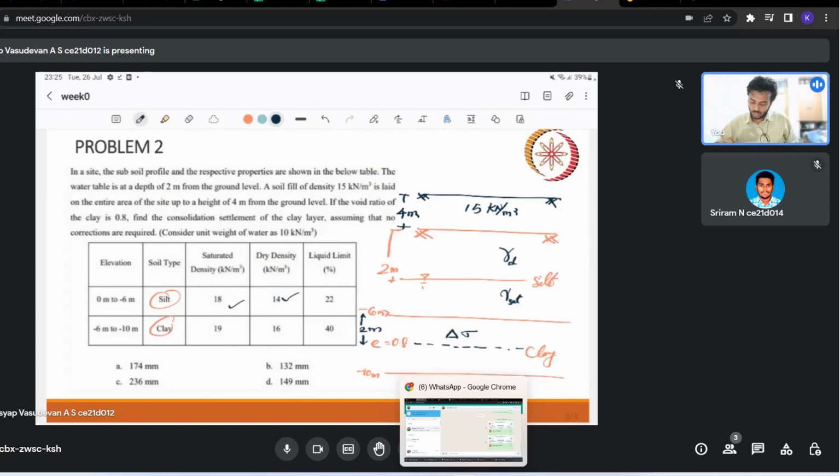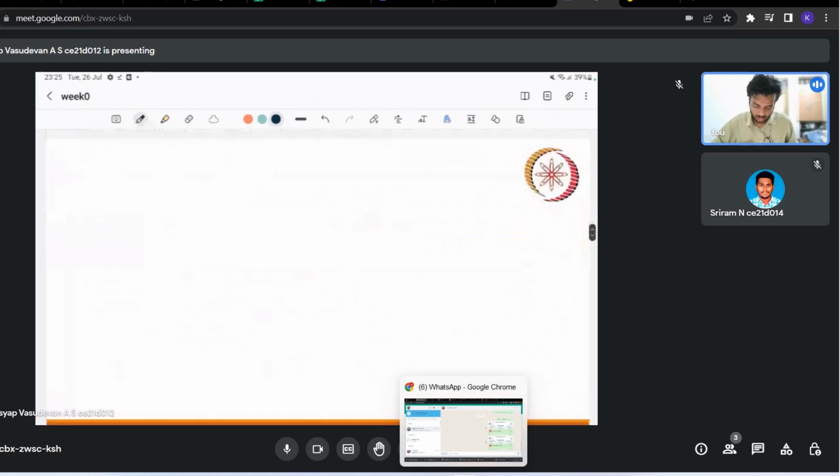Now we can find the settlement using the equation. Consolidation settlement can be written as m_v into delta sigma into H, where delta sigma is the change in stress and H is the depth of the layer.